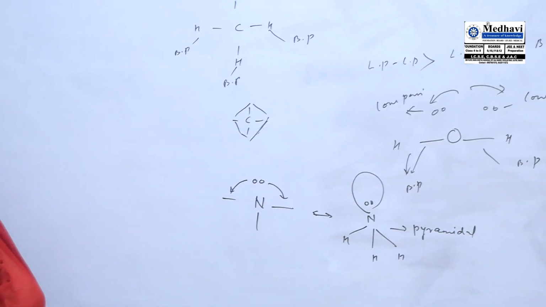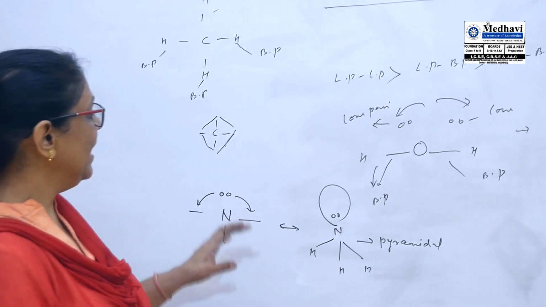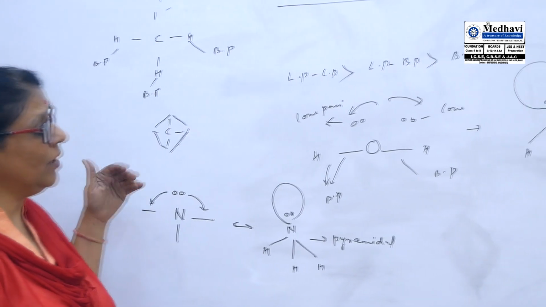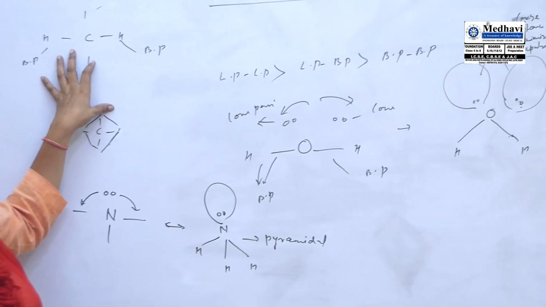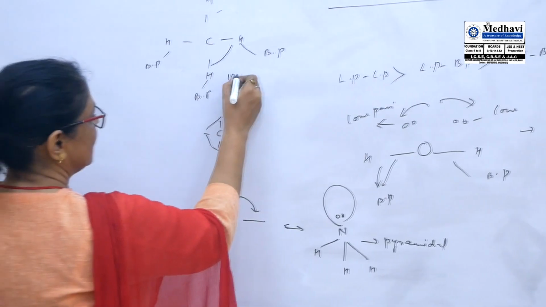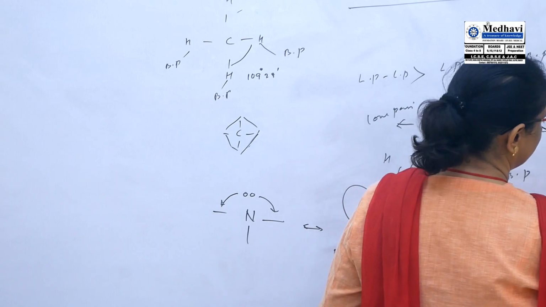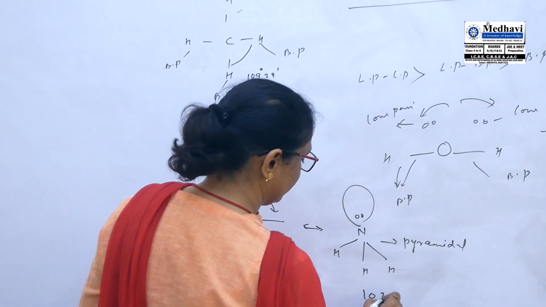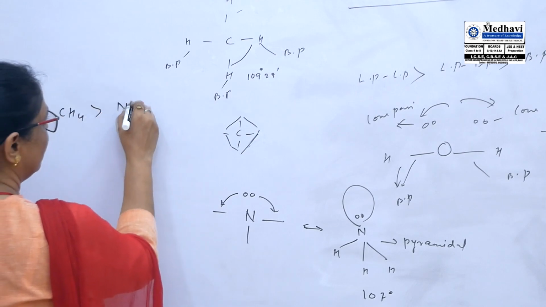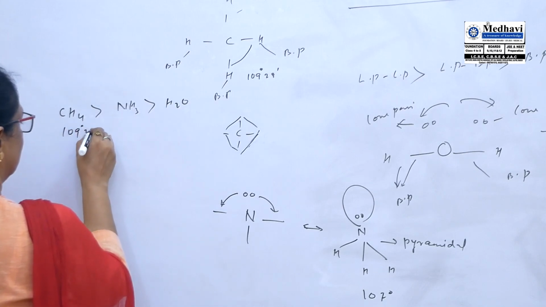If you compare the structures of methane, water and ammonia, in methane there is only bond pair repulsion, no lone pair bond pair or lone pair repulsion, so minimum distortion. The bond angle of methane is 109.28 minutes, and the others are about 105 for water and about 107 for ammonia. So the bond angle of methane is greater than that of ammonia, and that of ammonia is greater than that of the water molecule.